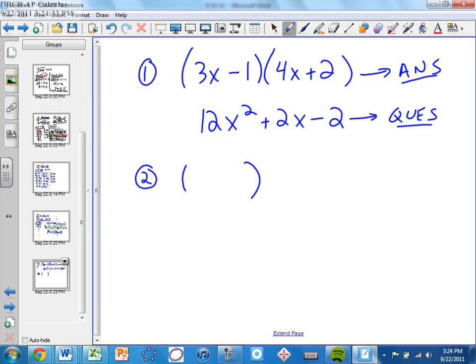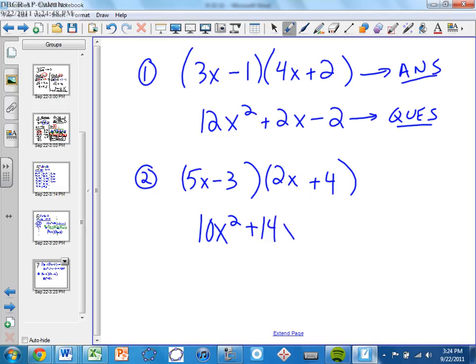The second one, we'll use 5x minus 3 and 2x plus 4. So this one will be 10x squared plus 14x minus 12. You're already given the answer and the question. Go through all your work, and this is practice for you guys.